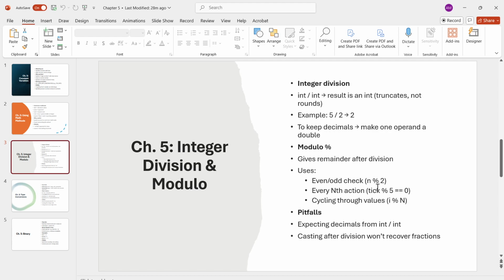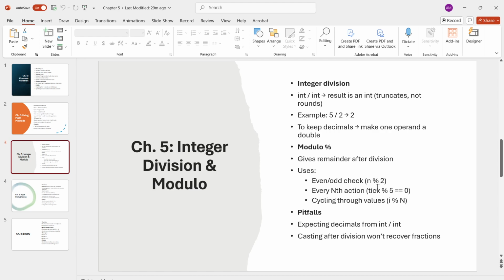For example, you could initialize double a and b and divide a divided by b, or you could do something like a divided by 2.0. Casting after the division won't bring the fraction back, because it's already gone. So when you're coding, think: do I need a decimal result?